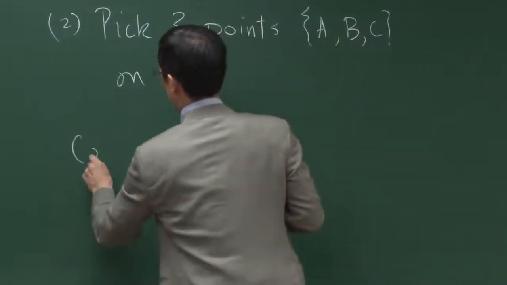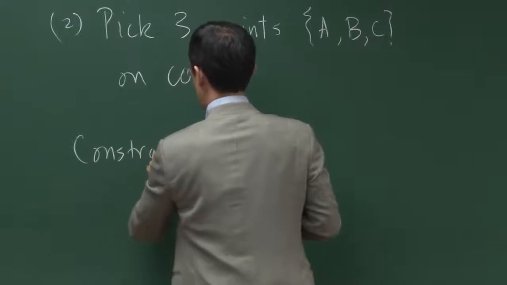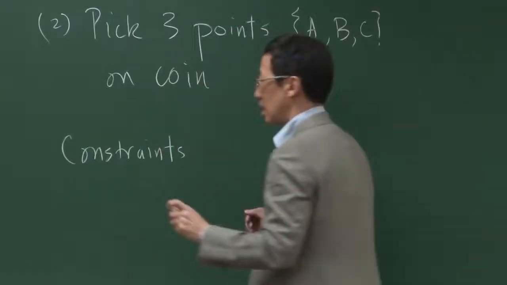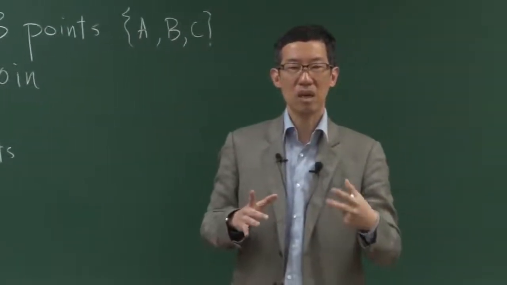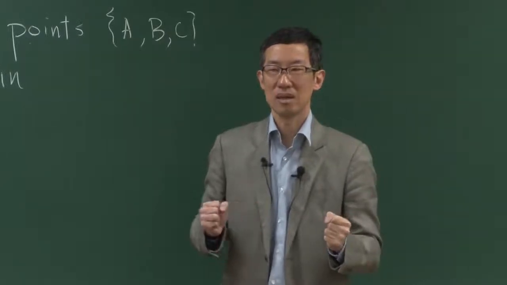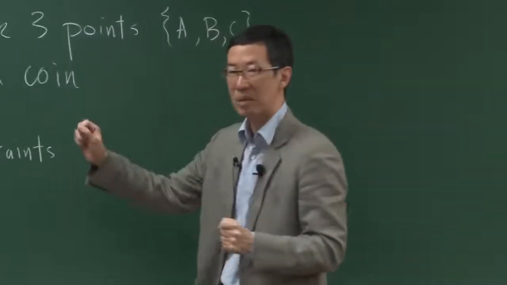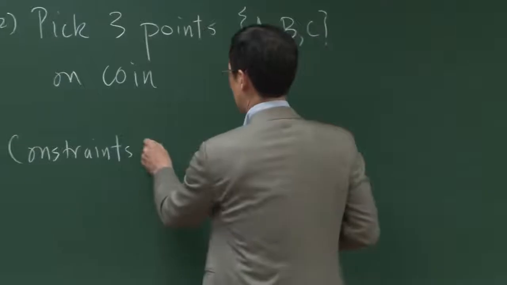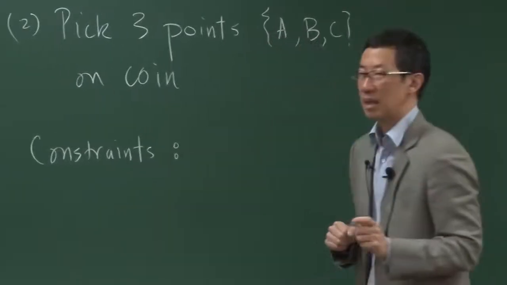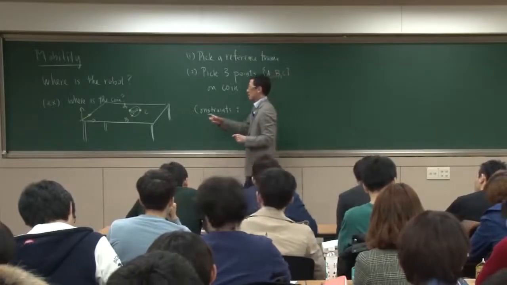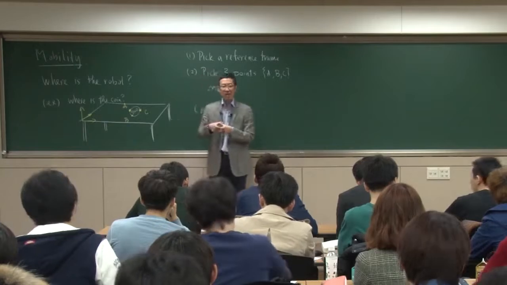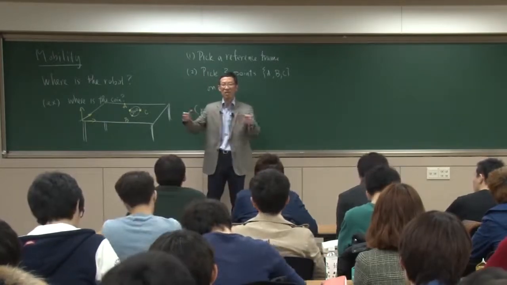And then the next thing we're going to do is think about what the constraints are on A, B, and C. Because this coin is a rigid body, you can't deform it.